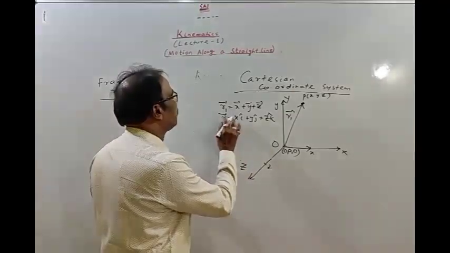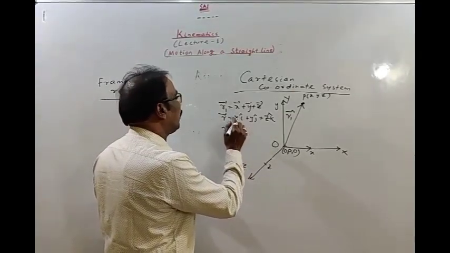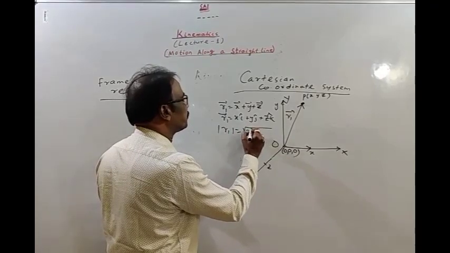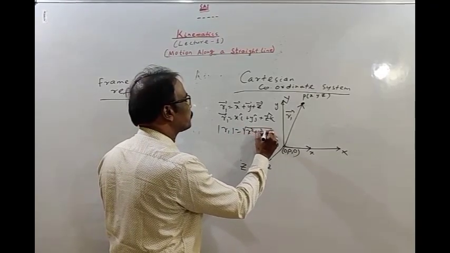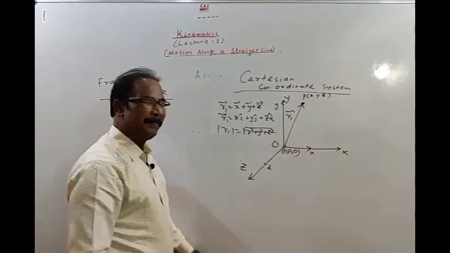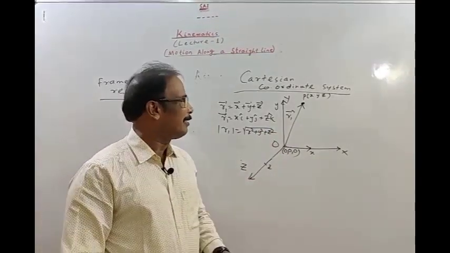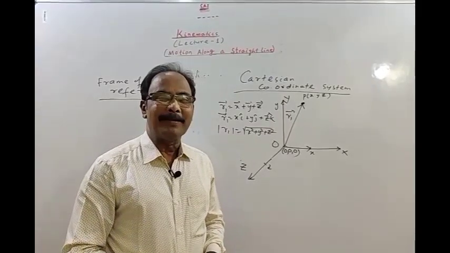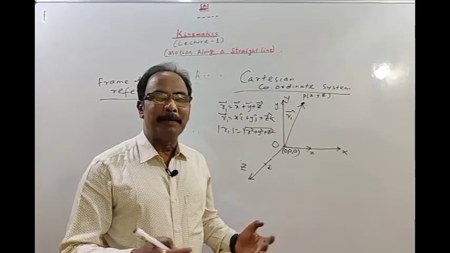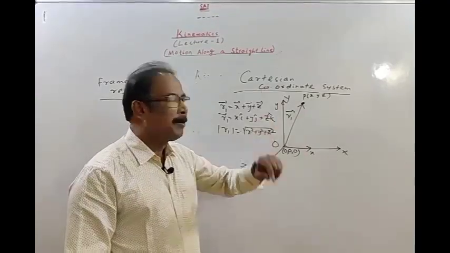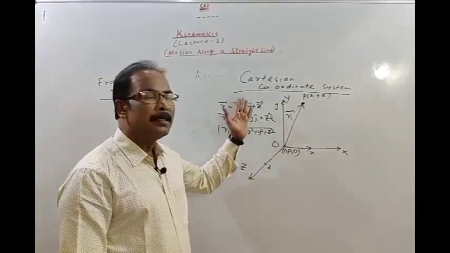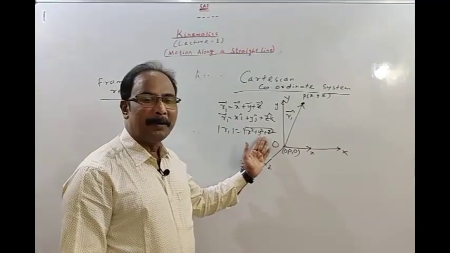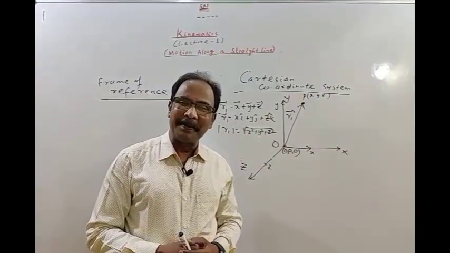Then the magnitude of the position vector is the square root of x square plus y square plus z square. This is all about the Cartesian coordinate system. It contains three mutually perpendicular axes and helps to locate the position in space with the help of the position vector, and this is the total expression, the vector form and algebraic form of the position vector.